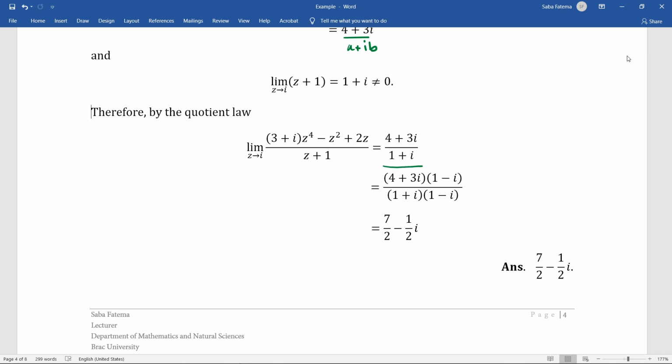Also, this one is in rational form. So, we apply the rule for division of two complex numbers. That is, we multiply both the numerator and denominator with the conjugate of the denominator. And finally, we get this. We will keep our answer in this form since this is the standard form of a complex number.